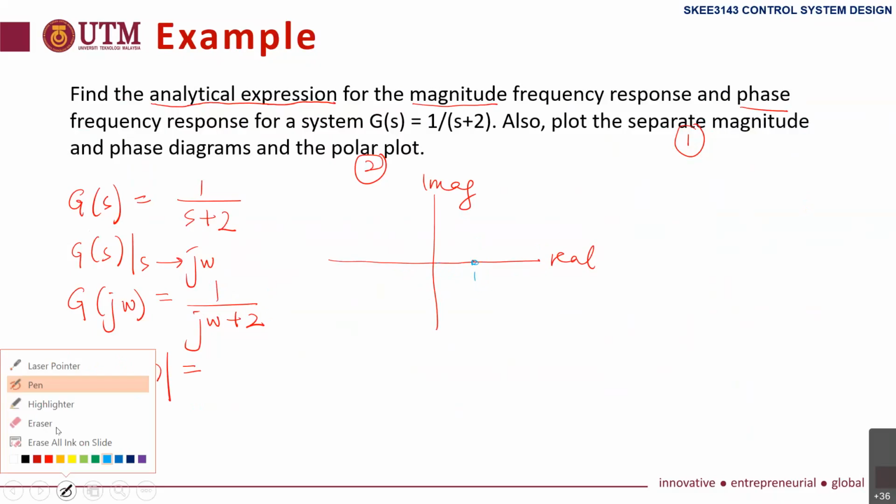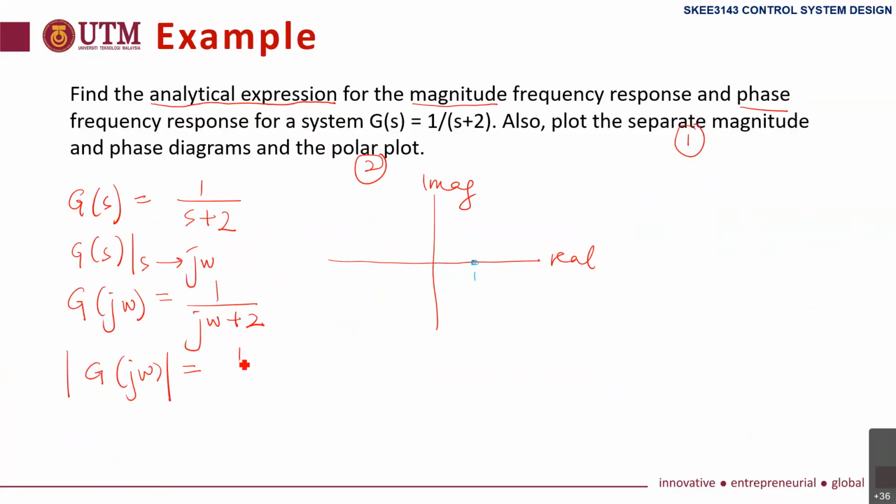So 1 over j omega plus 2: we can imagine the 2 here, and maybe j omega here. This point is 2 plus j omega, or normally we call it j omega plus 2. What is the magnitude? The magnitude is the length from the origin to that point. We know the height here is omega.